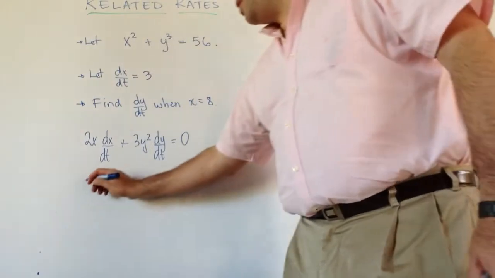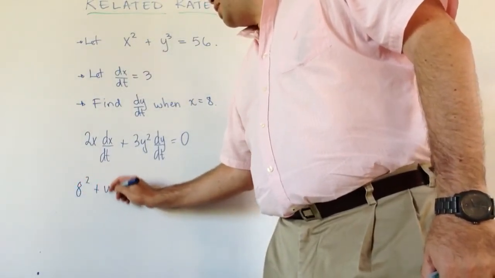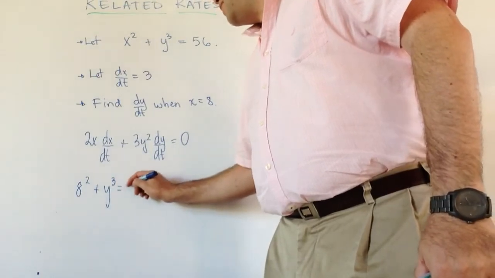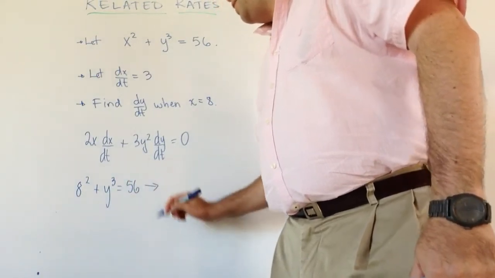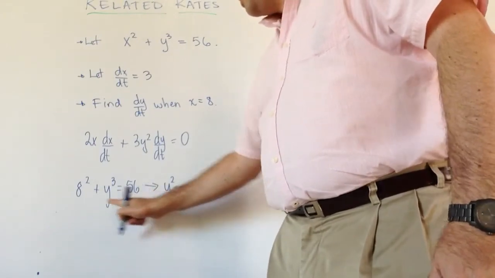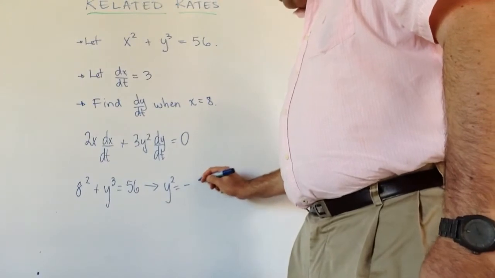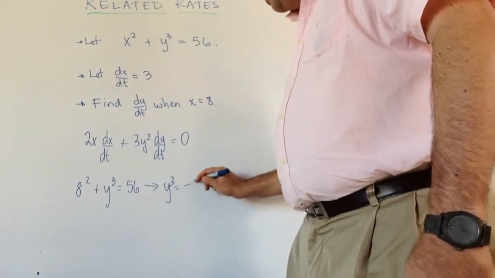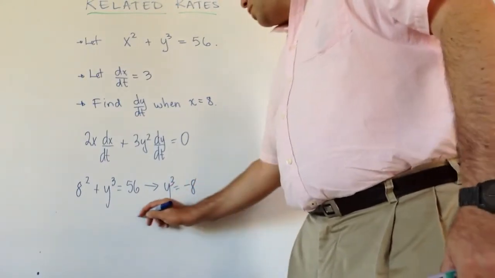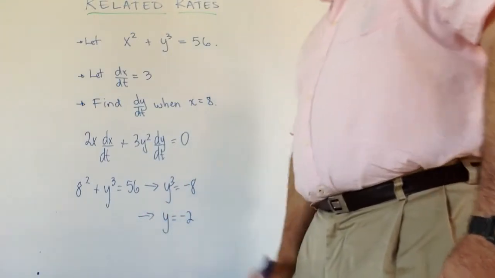I'll substitute: 8 squared plus y cubed is 56. This yields that y cubed is 56 minus 64, that is negative 8. So that means that y is negative 2.